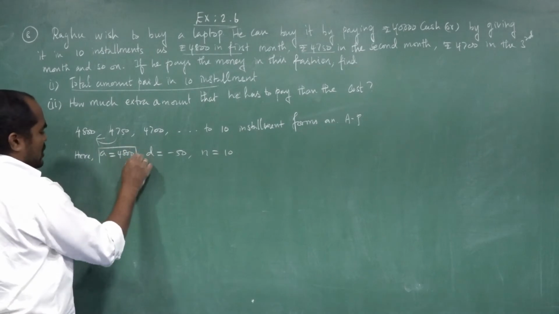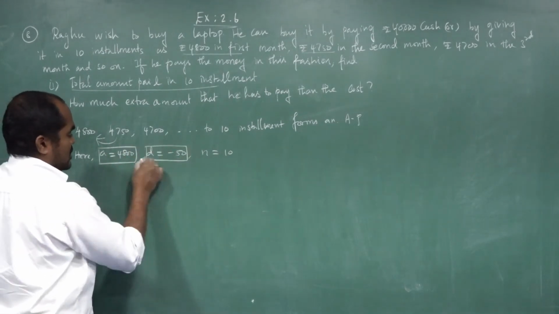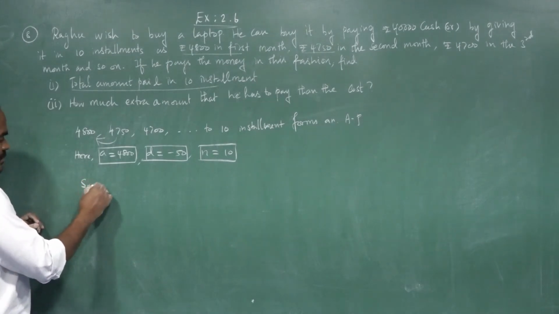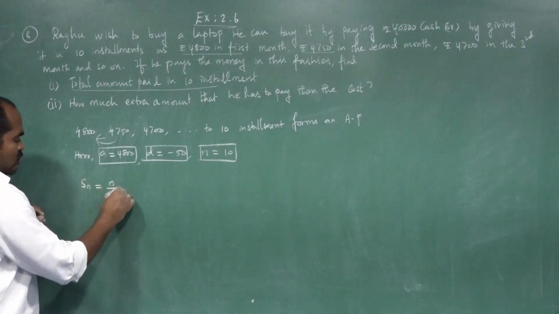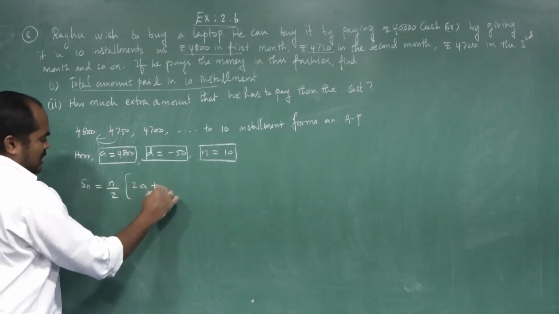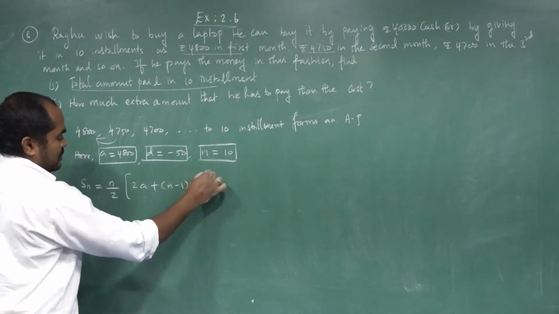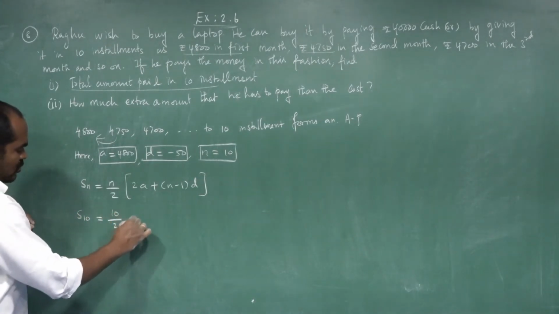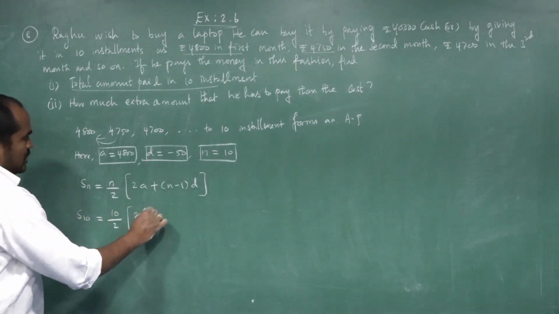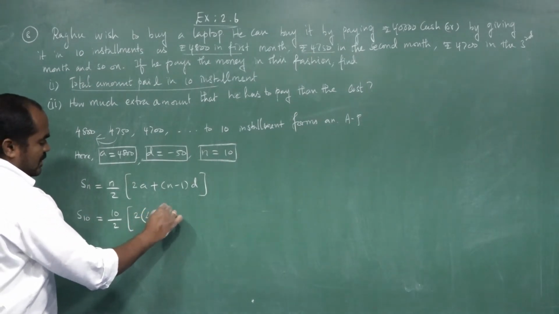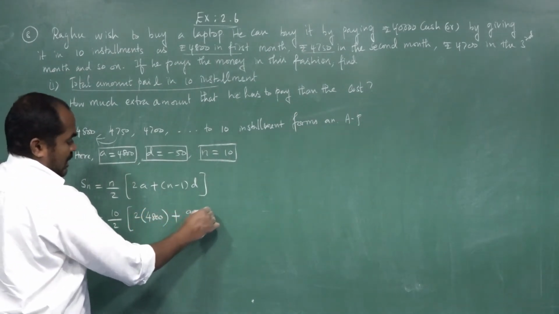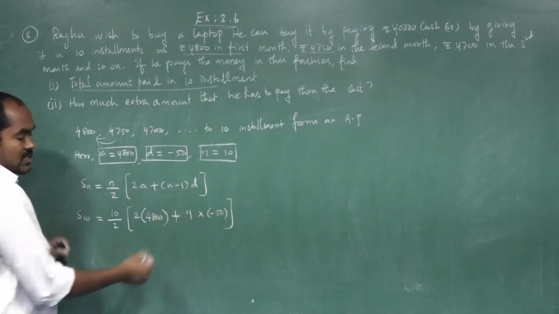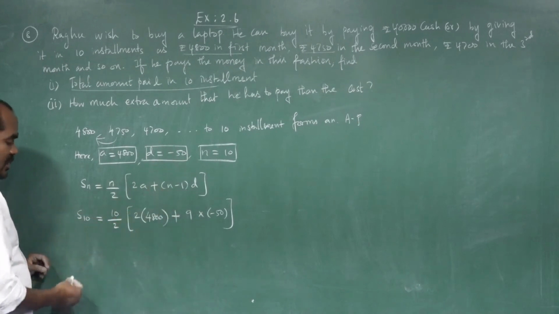So we know first term, common difference and number of terms. We use the formula Sn is equal to n by 2 of 2a plus n minus 1 into d. So S10 is equal to 10 by 2 of 2 into 4,800 plus 9 into minus 50, because 10 minus 1 is 9 and common difference is minus 50.